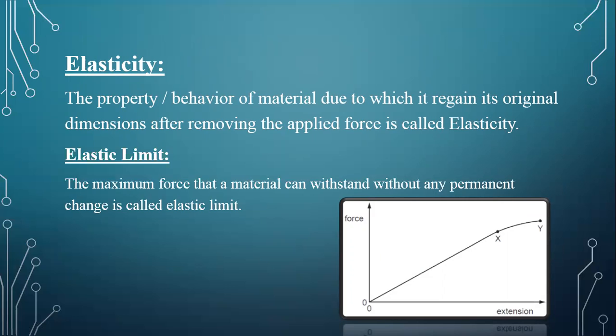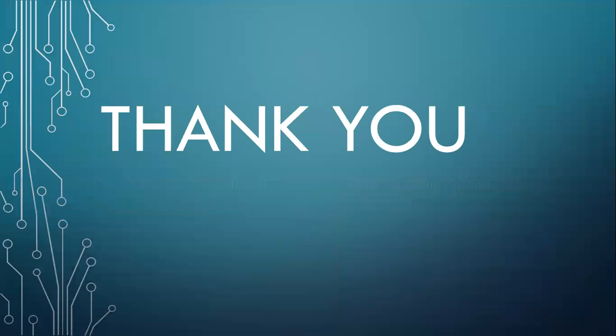So if we cross this point y then material becomes permanently changed. तो इसमें जो पॉइंट y तक स्ट्रेस है, जो पॉइंट y तक अप्लाइड फोर्स है, this is the elastic limit. And within elastic limit the force and extension are directly proportional to each other. Thank you.